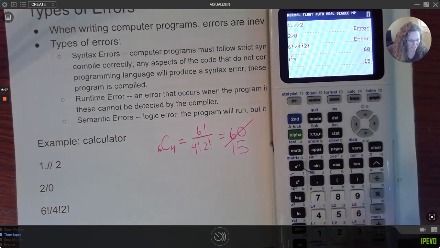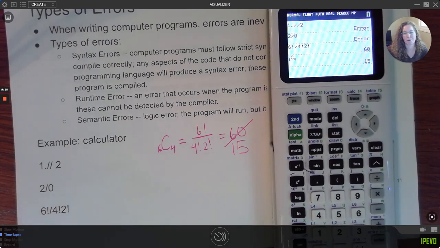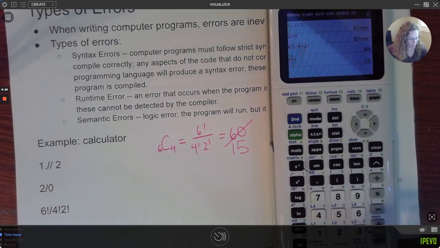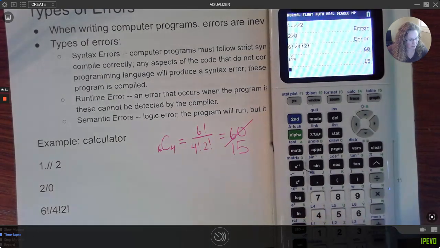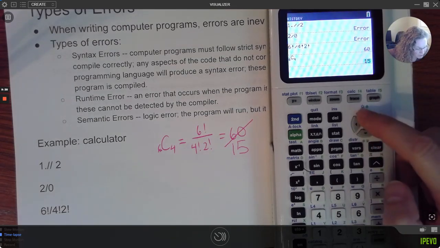So how would I fix this semantic error? What I really need is to change the order of operations. I want the numbers in the denominator to be multiplied first before the division happens. But in normal order of operations, we always do division and multiplication left to right. So the only way for me to fix this is to put some well-placed parentheses.